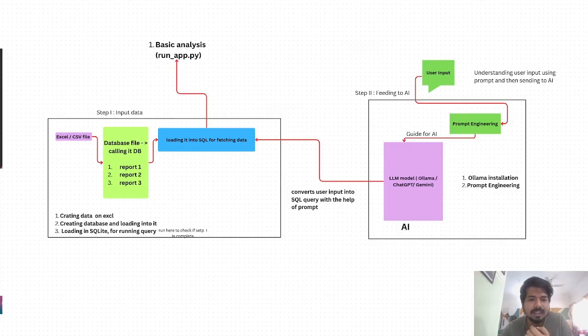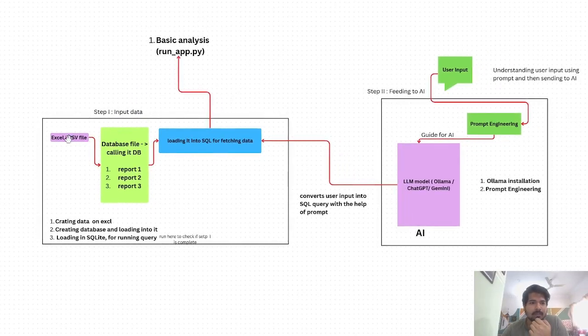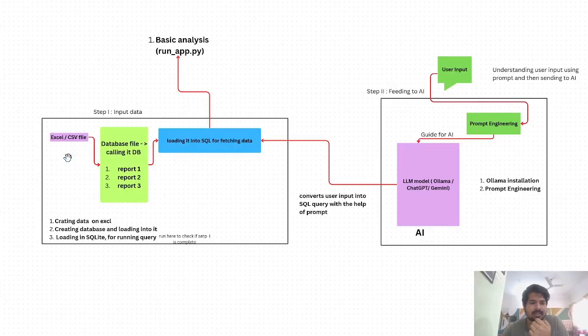On this screen you can see the first thing is to input data. For the data part, in this series we will refer to an Excel file; you can also use a CSV file, or even connect a database directly to this model. However, for the sake of simplicity, we will connect the data with the Excel sheet only.